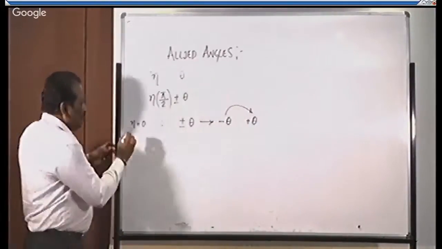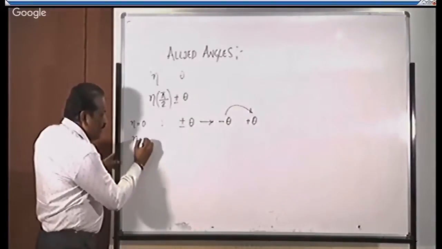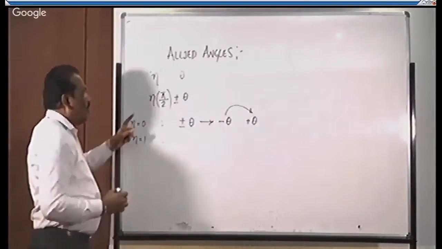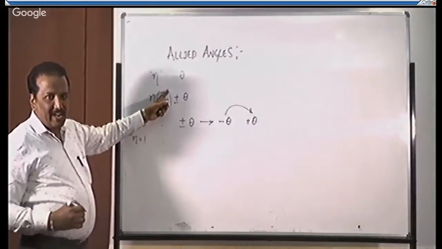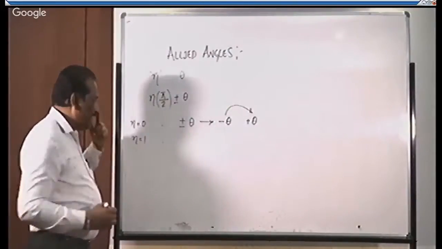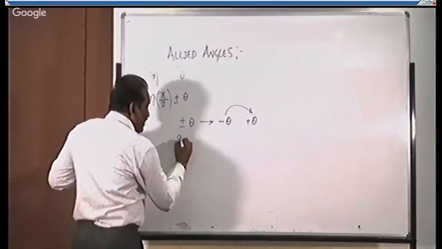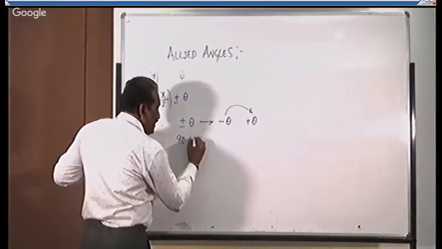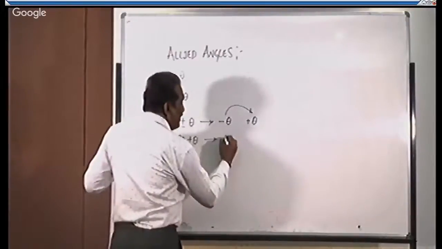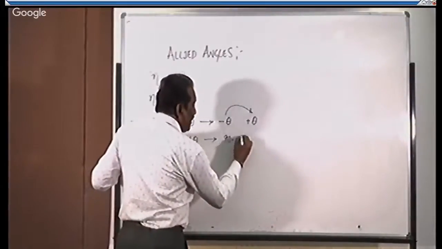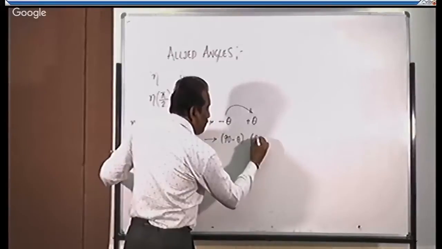Later on, suppose n is equal to 1, what we will get is 1 into pi by 2. Pi means pi radian, it is 180 degree, divided by 2 is 90. So you will get 90 plus or minus theta, two ranges of angles: 90 minus theta and 90 plus theta.